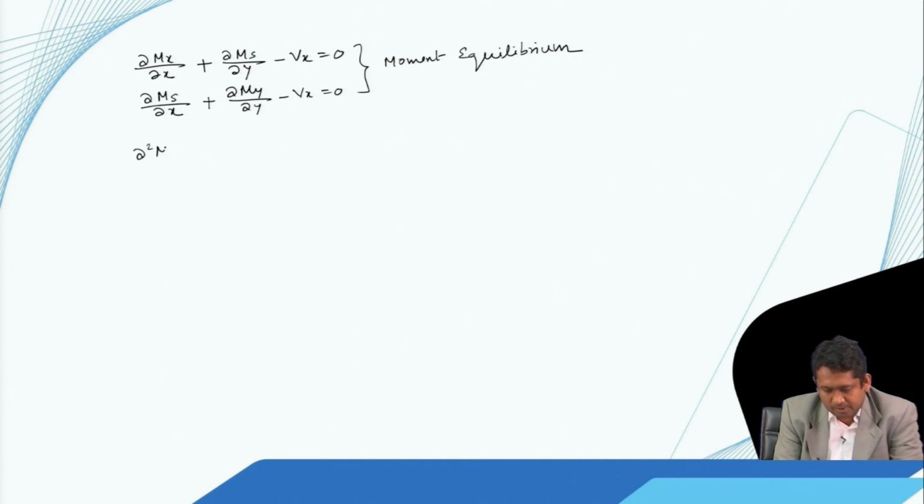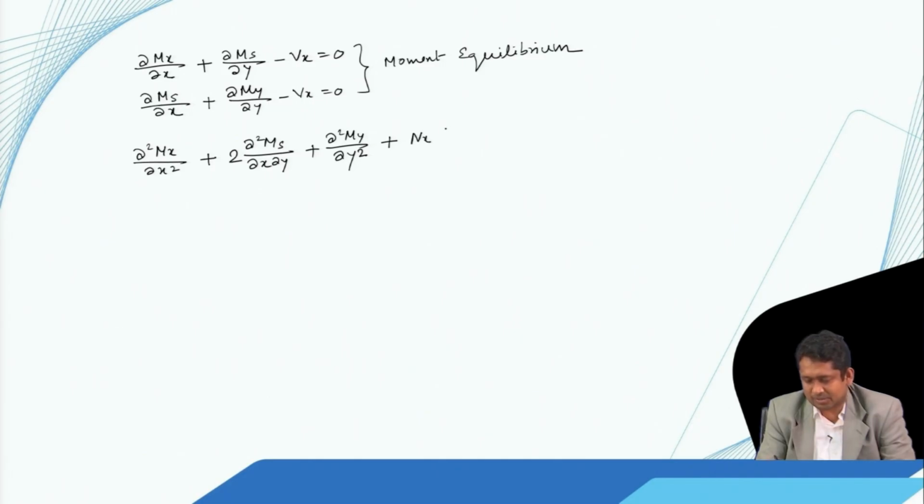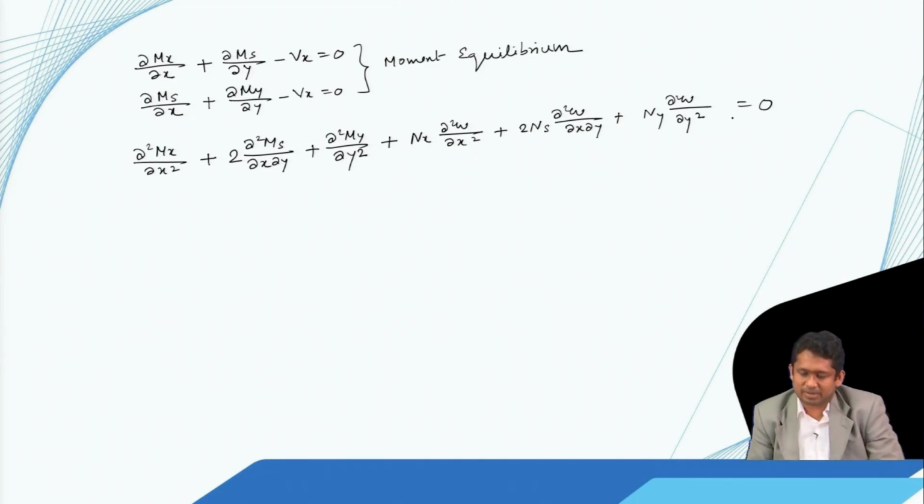So del 2 Mx by del x2 plus 2 del 2 Ms by del x del y plus del 2 My by del y2, and then we have plus Nx into del 2w by del x2 plus 2Ns into del 2w by del x del y plus Ny multiplied by del 2w by del y2 equal to 0. So this is our new equilibrium equation.